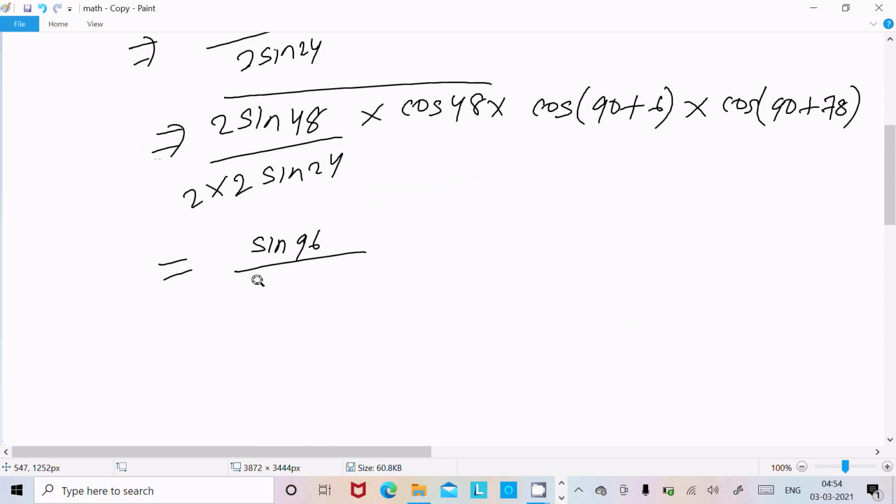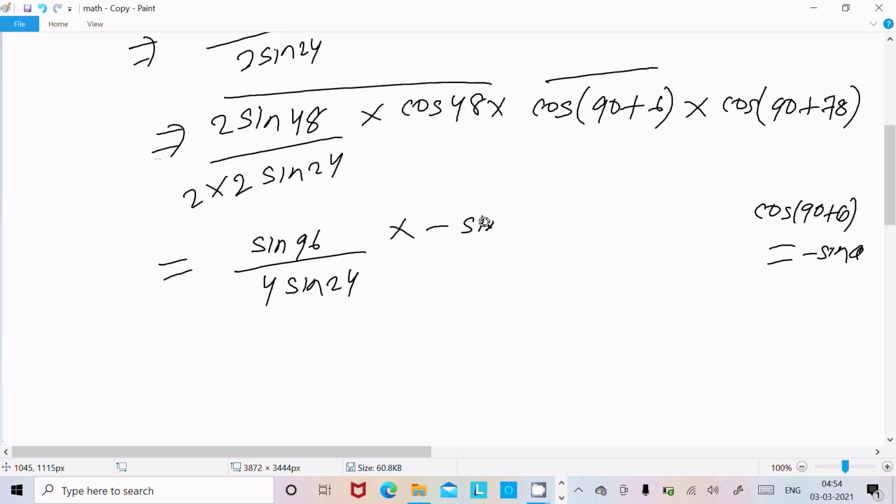And 2 into 2 becomes 4 sin 24. Here cos(90 + θ), we already know, becomes minus sin θ. So here we can write minus sin 6, and for this one cos(90 + θ) becomes minus sin θ, sin 78. So the two minuses cancel.